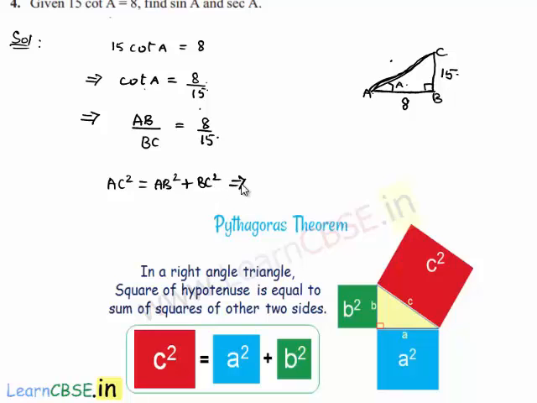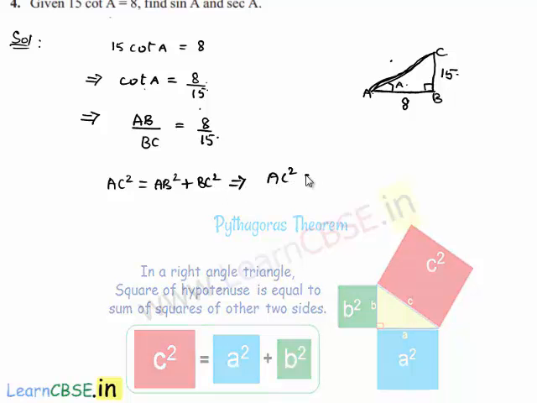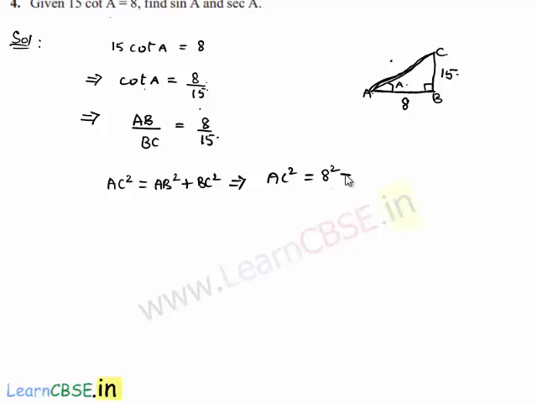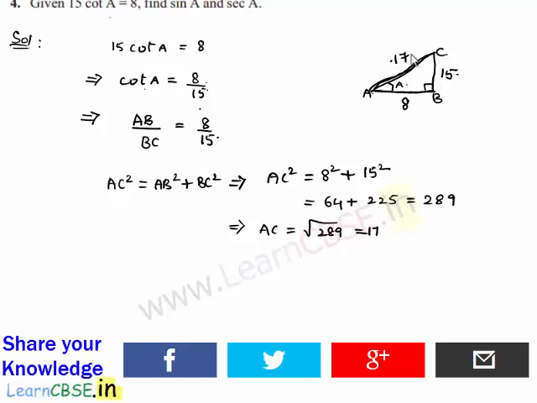That implies AC square is equal to 8 square plus 15 square, which is 64 plus 225, that is equal to 289. So here we get the value of AC as square root of 289, which is equal to 17. So AC can be written as 17.